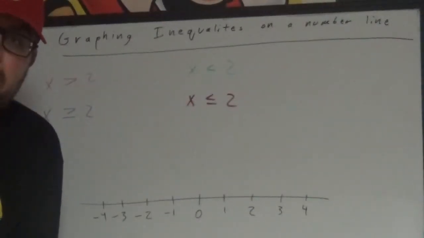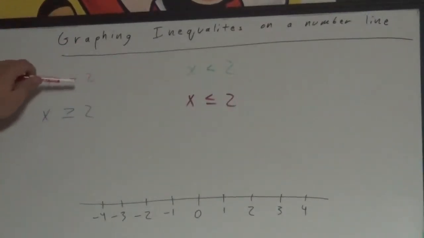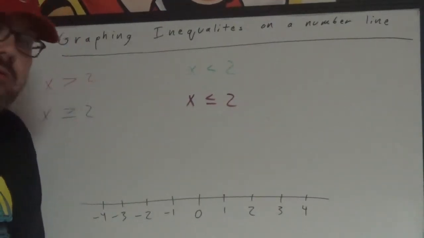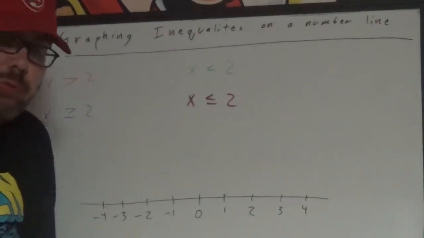So there are 3 steps when you see one of these inequalities. The first step, look at the number they give you. So I'm going to start with the first example. We have x is greater than 2. So, first thing we do is look at what number they're telling us to plot our point on.